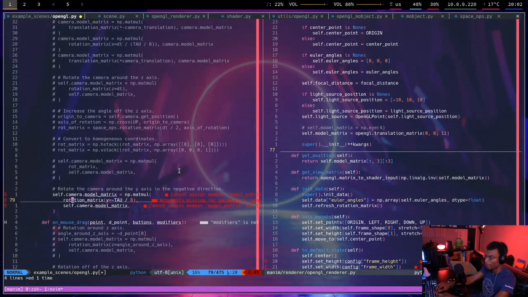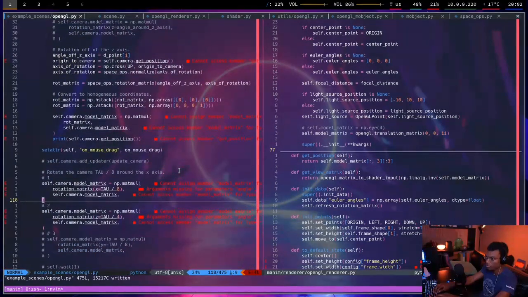Okay. So let me just multiply this by dt. This will probably still go too fast, actually. But this should show me a visual of where the camera's rotating.